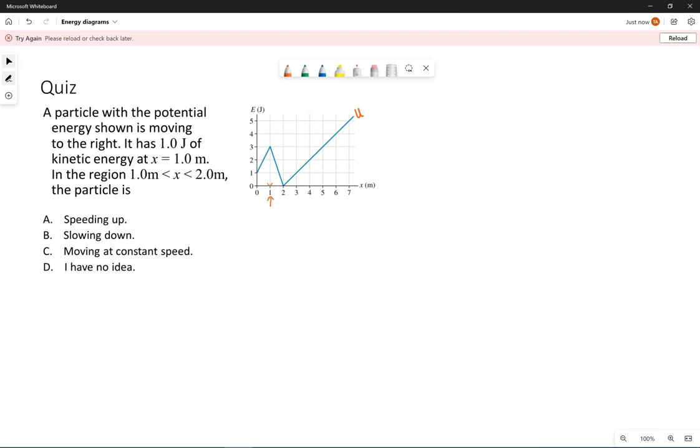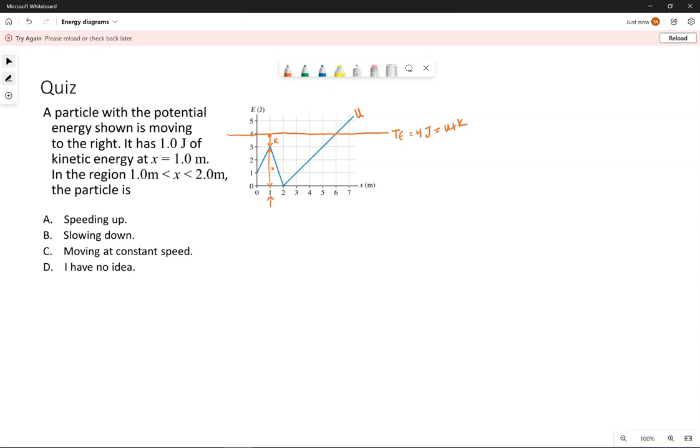Since we know up to here is potential energy, if we add 1 more joule, that's our kinetic energy, we can say the total energy is 4 joules. The potential energy plus the kinetic energy has to equal 4 joules.